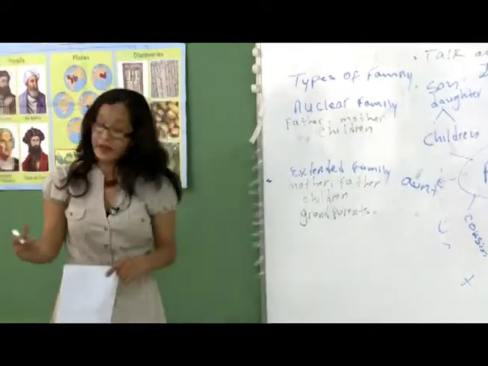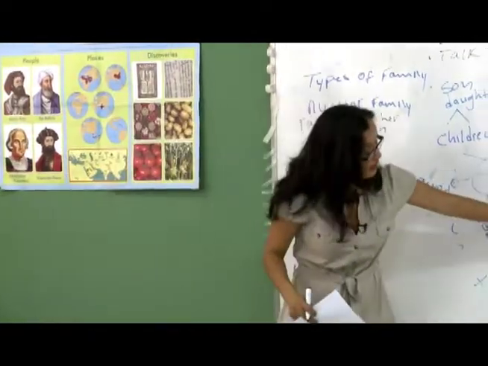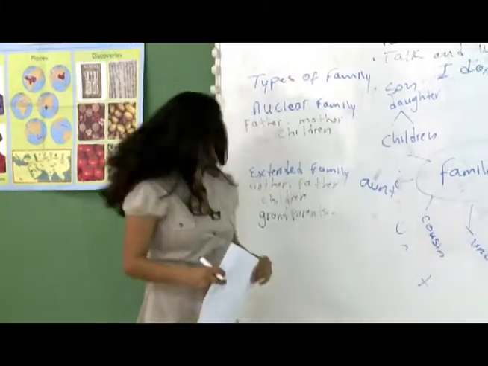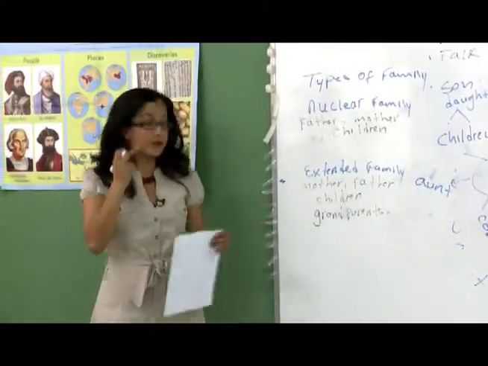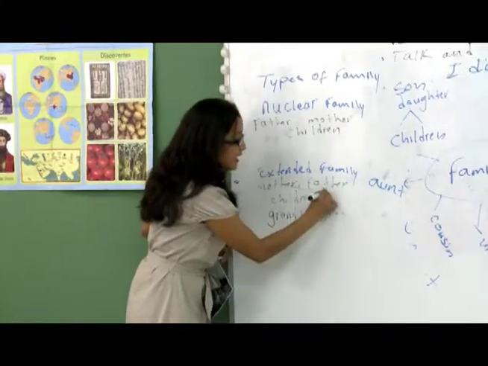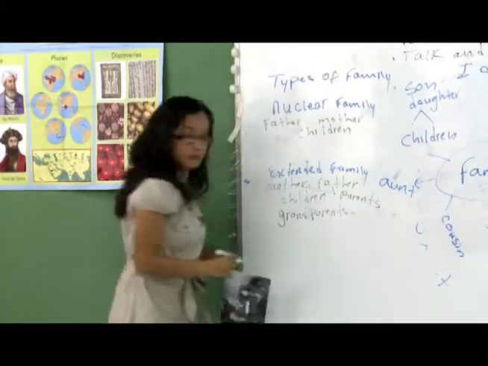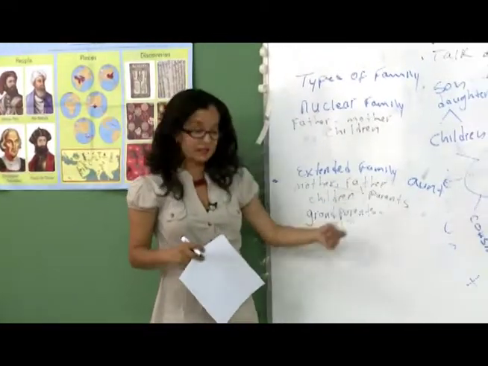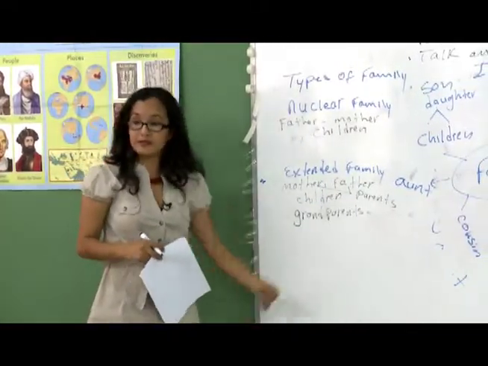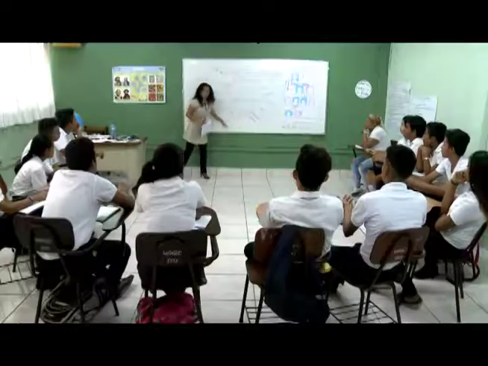When we say grandparents, it means grandmother and grandfather. And another way of saying mother and father, when they are together, we say parents. Parents. Everyone, parents. Grandparents. Grandparents, grandmother, and grandfather. Okay?